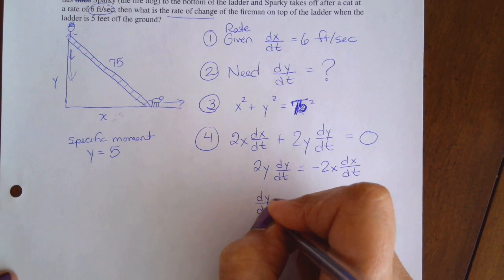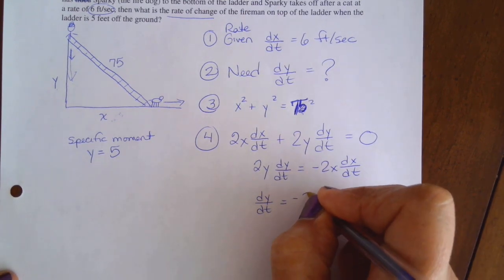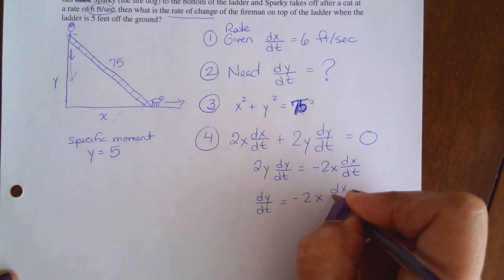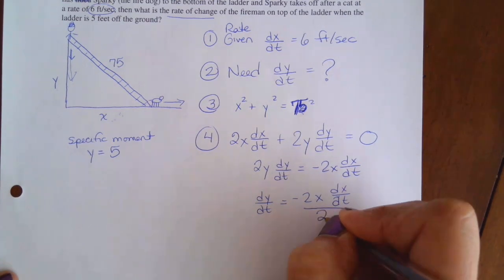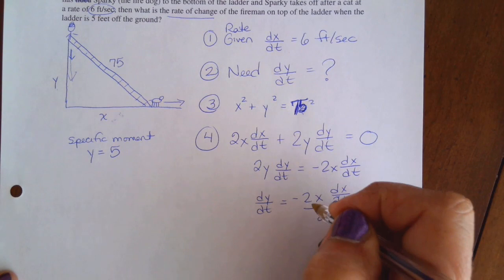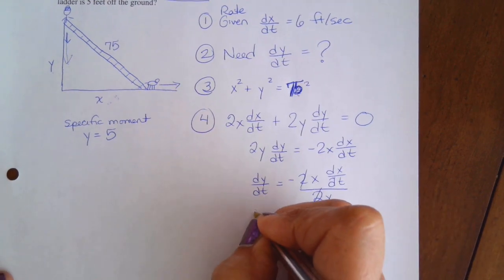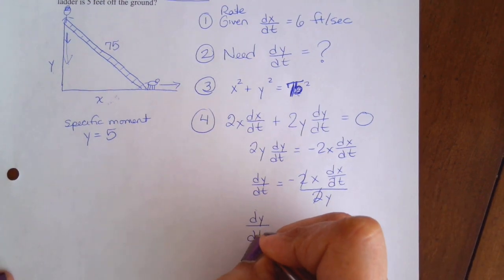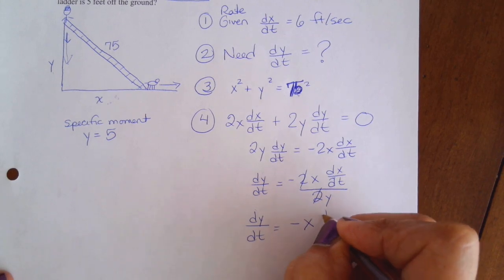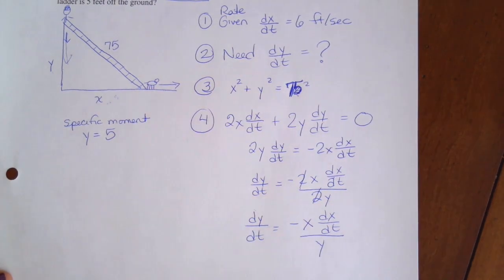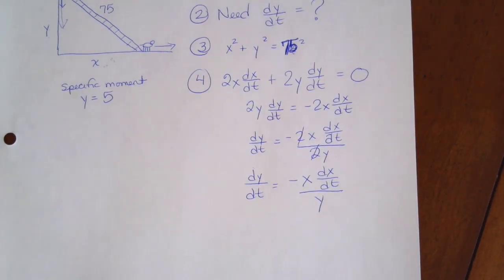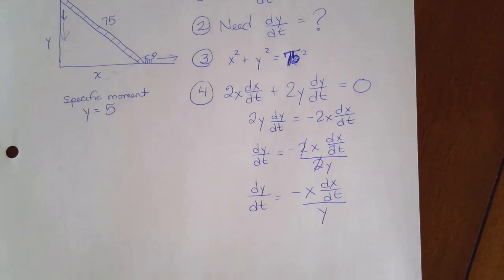So dy/dt equals negative 2x dx/dt over 2y. So we can cancel the 2's. So we end up with dy/dt equals negative x dx/dt over y. Right? Okay, so now we got to find our answer.